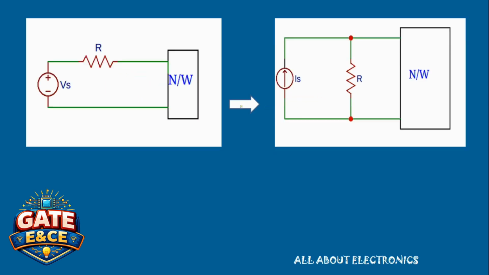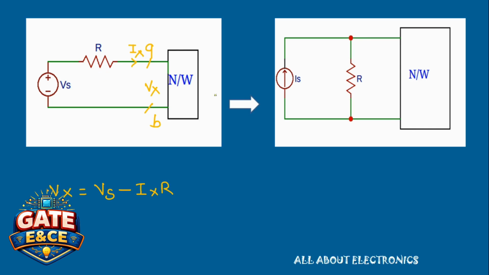Let's say that voltage across these two terminals AB is Vx and the current that is entering into this node A is Ix. So we can write Vx is equal to Vs minus Ix into R, that is the drop across this resistance R.